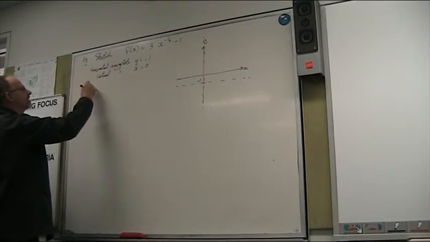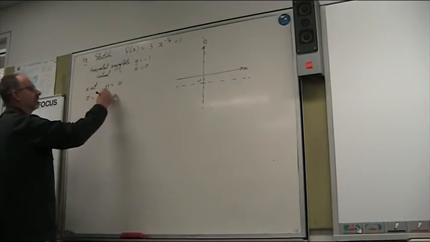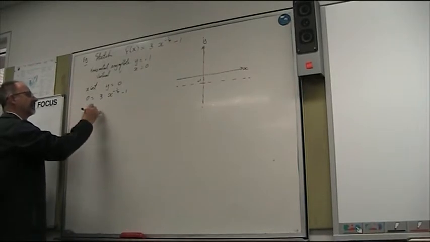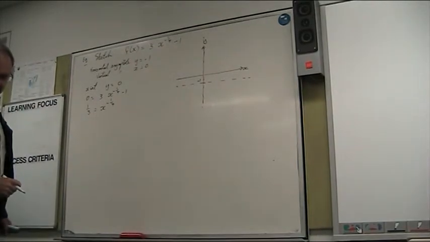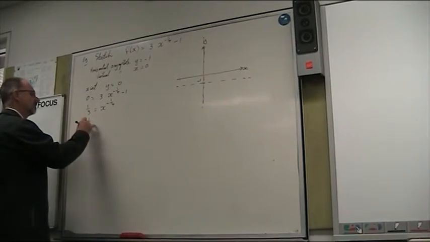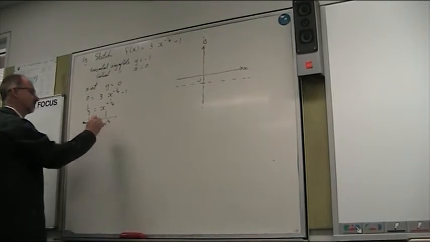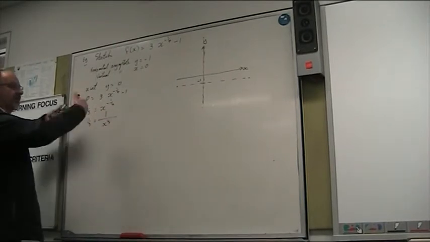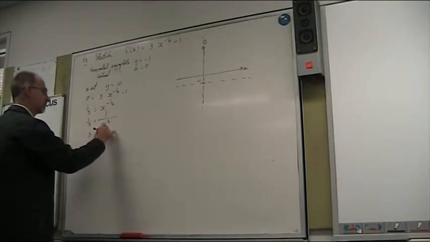So our x-intercept is when y equals 0, so 0 equals, add 1, divided by 3. This negative, of course, means 1 over x to the quarter. Flip both sides. If I flip both sides, I get 3 equals x to the quarter.